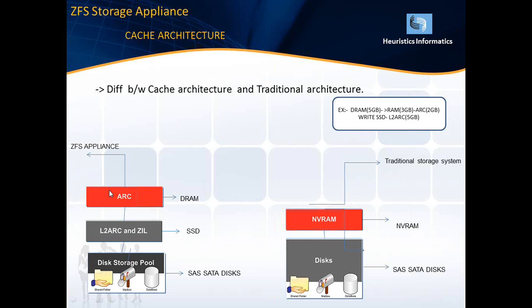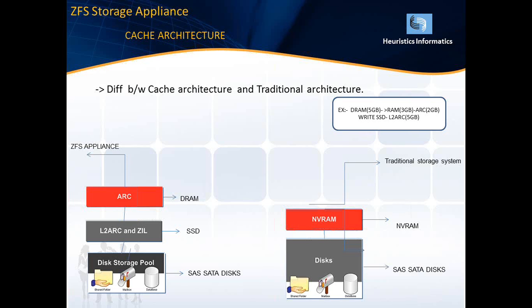If the RAM is not capable of holding a particular object in the ARC, it will transfer that object to the L2 ARC, so the object is sustained and persistently available there. This L2 ARC has been configured from SSDs.